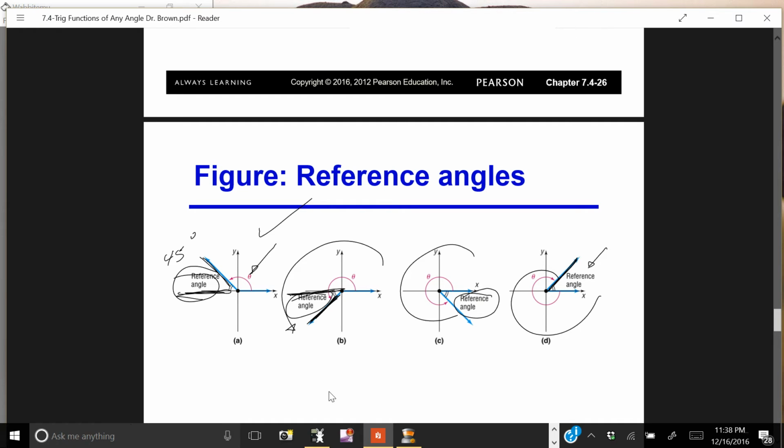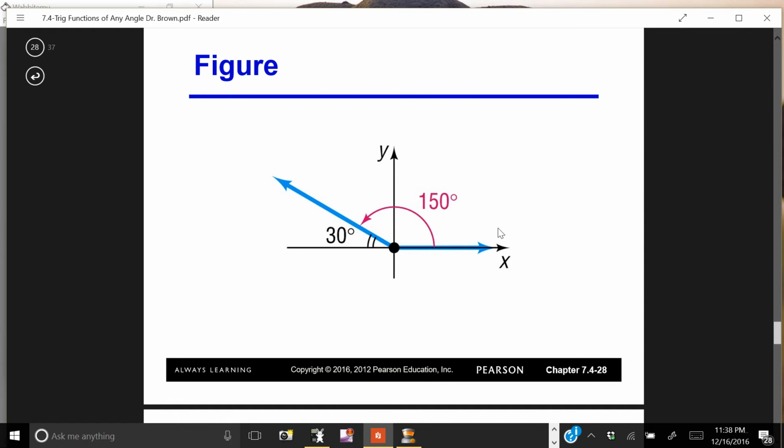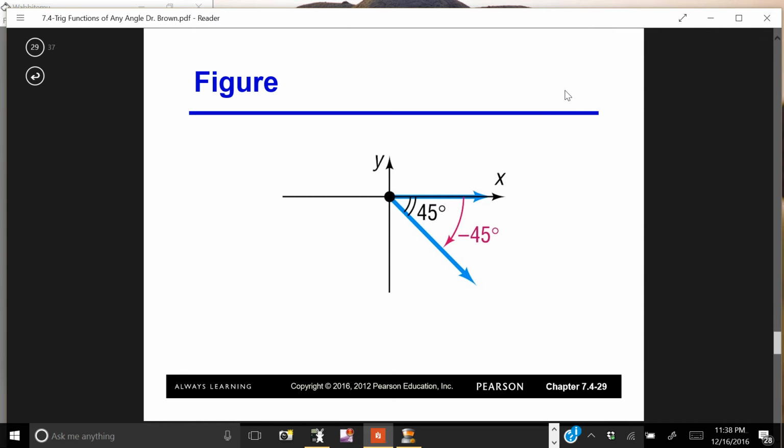So now you know how to find the reference angle. For a 150-degree angle, its reference angle is 30. For a minus 45-degree angle, its reference angle is 45.